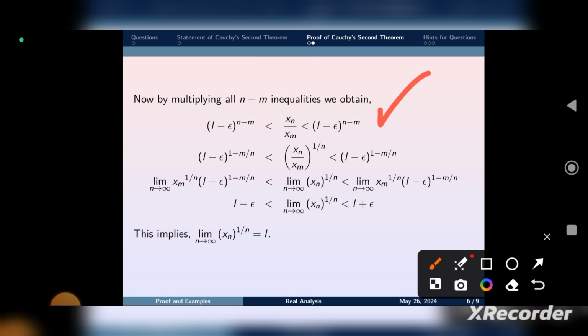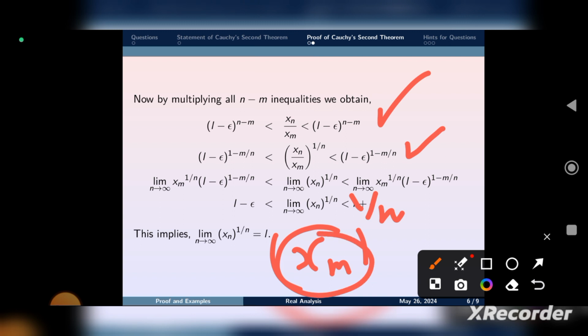Now we will raise this inequality to power 1 by n, so we will obtain this inequality. Now we know that xm raised to power n, since xm is a fixed number of the sequence, when the limit of xn plus 1 by xn exists, then there exists a natural number m.